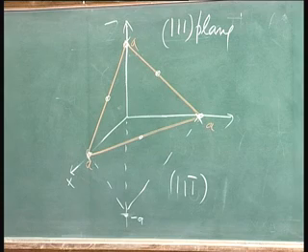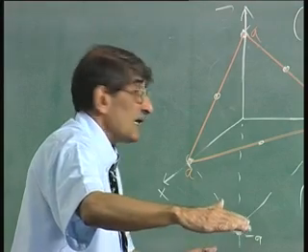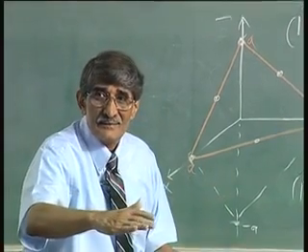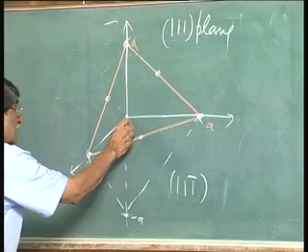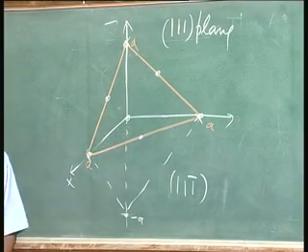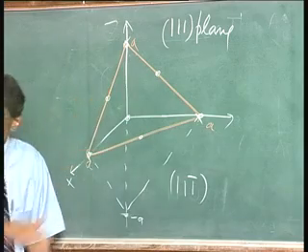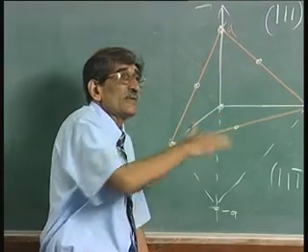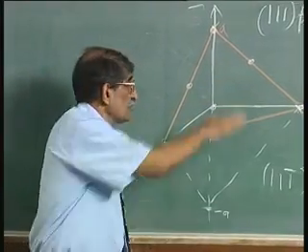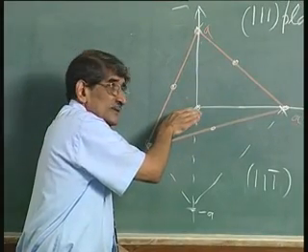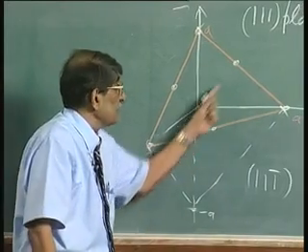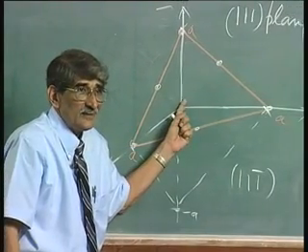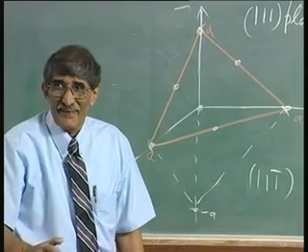So, this 1 1 1 plane is totally arsenic, no gallium atom there. You have got another plane which passes through this. You can draw another plane parallel, that is 1 1 1. Whatever is parallel to this is the 1 1 1 family. So, I can draw parallel to that passing through this, that is 1 1 1, that is arsenic. In between these two, you have got a gallium plane, correct?